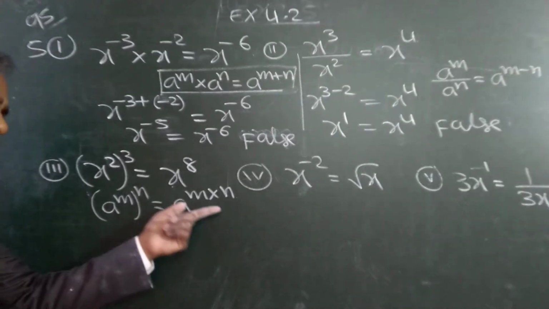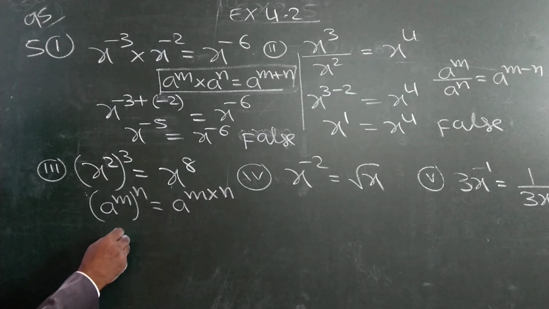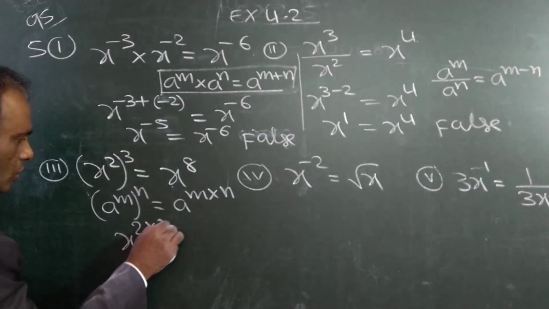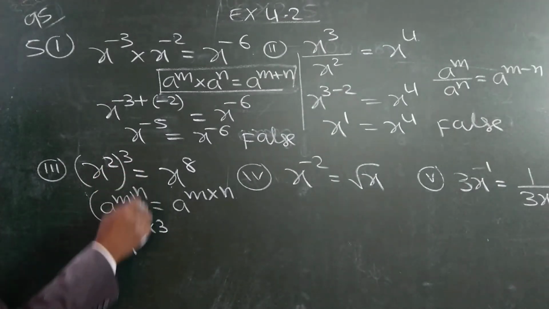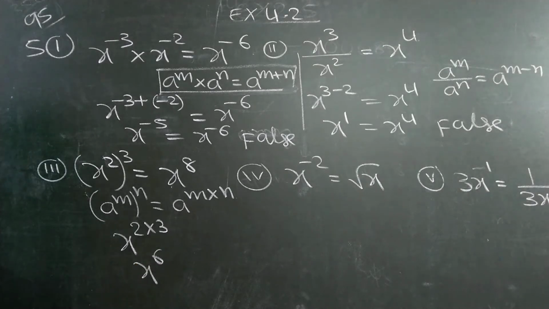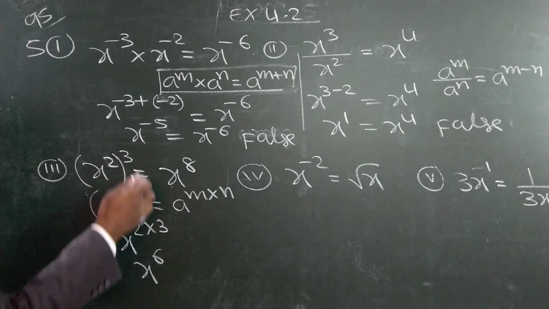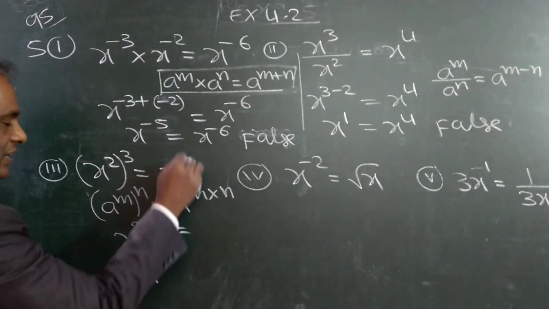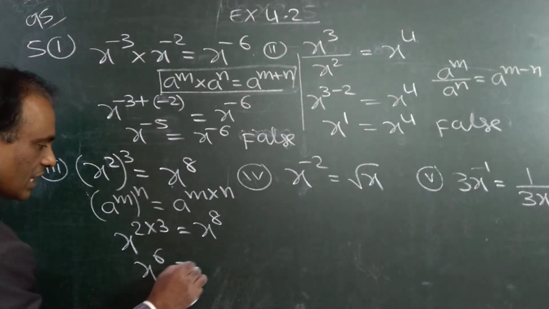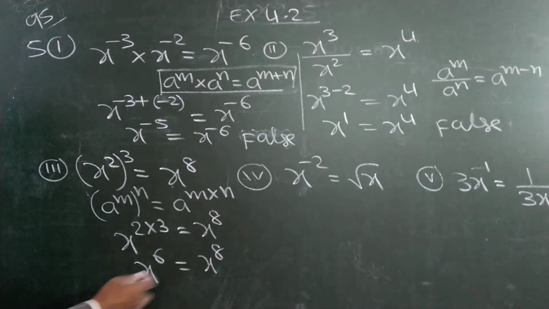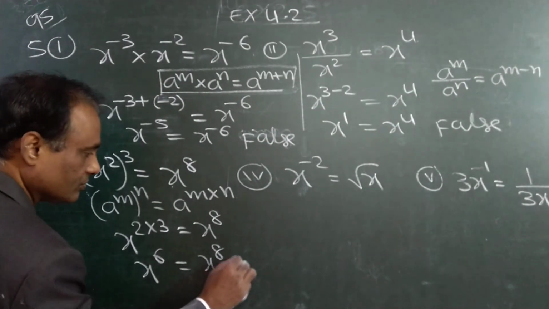We applied this formula in many ways. So what is the left side? x power 2 into 3, m into n. How much? x power 6. A power m whole power n is m into n, 2 into 3, 6. But what is the right side? x power 8. Both are equal or not equal? They are not equal. False.